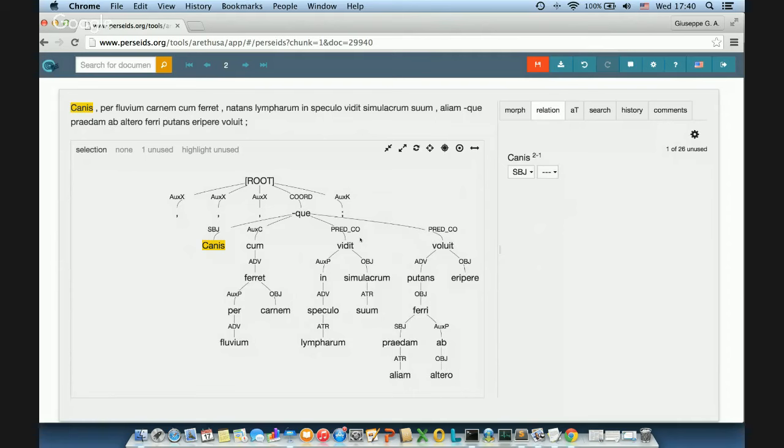Some kinds of annotation are really, I would say, clear and unquestionable, but for other kinds of annotations, such as how to annotate coordination here, there might be different solutions. But we need to choose one of these and stick to it.